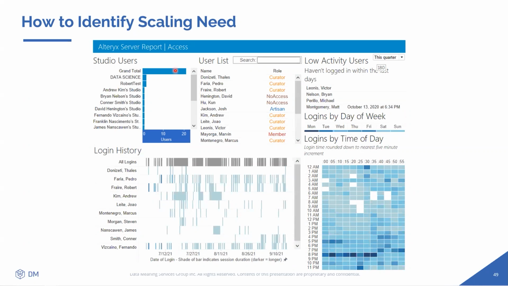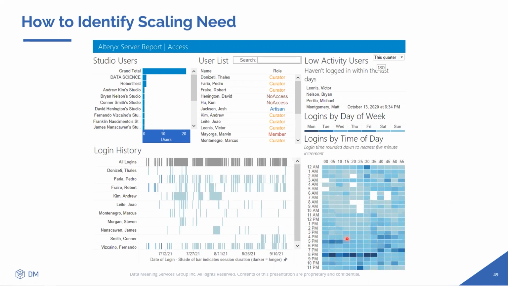If you are seeing a lot of logins the whole day, maybe it's time to start thinking about scaling your gallery, or maybe scaling your worker as well. Look at how crazy this is.